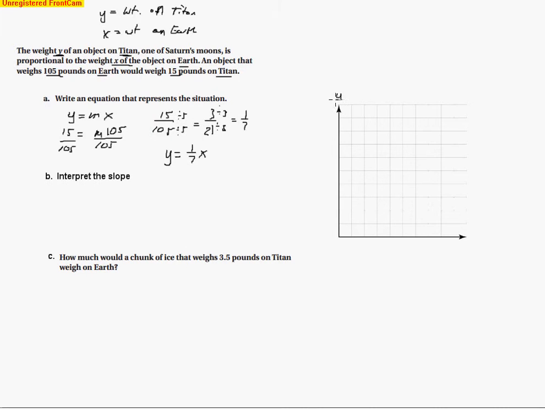The y-axis was the weight on Titan. And then the x-axis was the weight on Earth. And so let's go ahead, and we've got the weight on Earth, maybe go by tens here. I'm going to say that this is 10 right here, so this would be like 20, 30, 40, and this would be 50, 60, 70, 80, 90, 100.